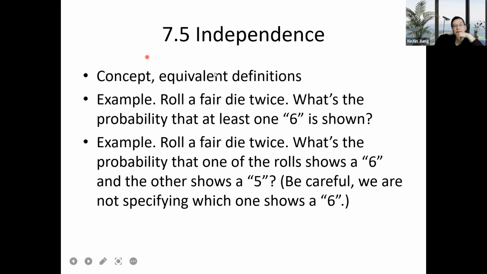Let's introduce the concept of independence. By words, independence means, if two events, E and F, are independent, whether E happens or not has no effect on the other.